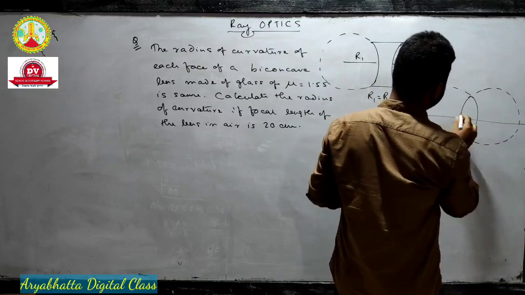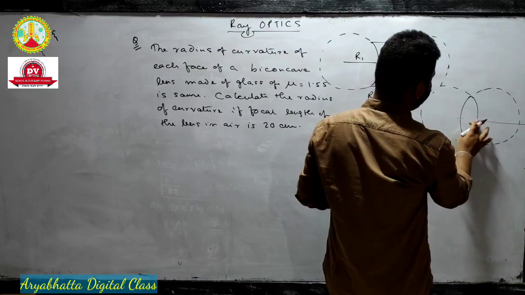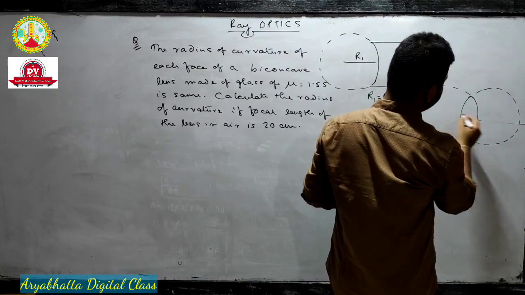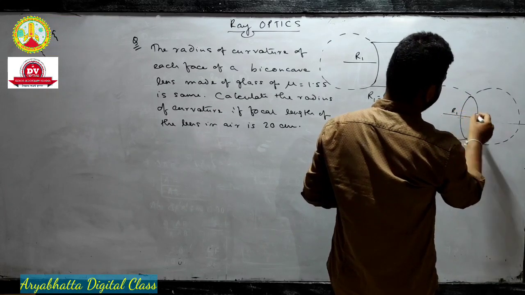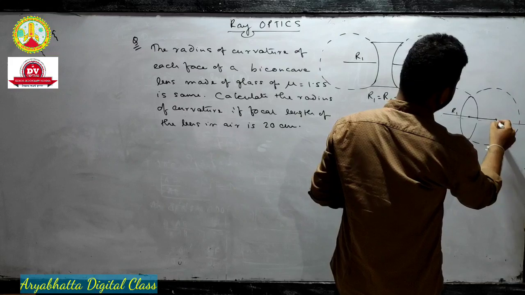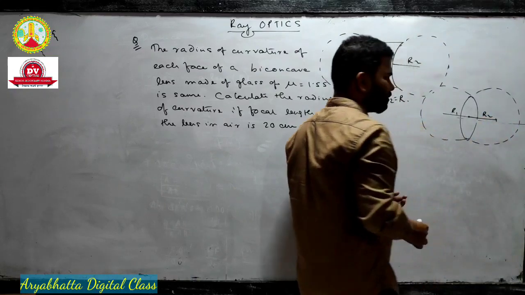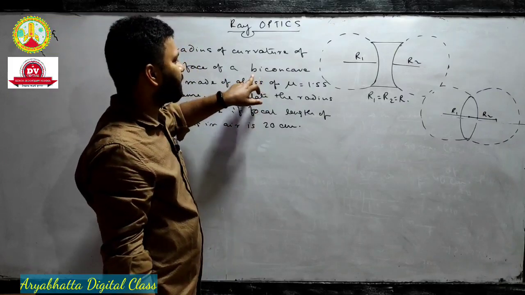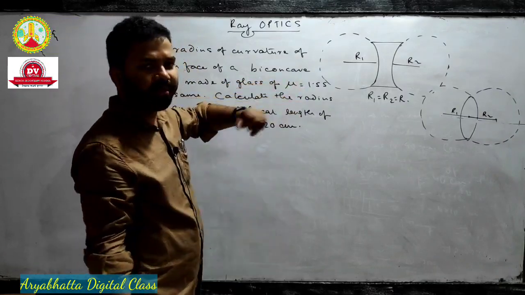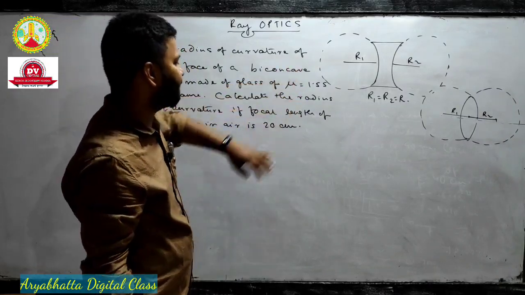Okay, the principal axis, you do one thing. How many radii then? 2 radii. One is this one and another one is from this point to here, R2. So for biconcave we will only use the word concave. Okay.